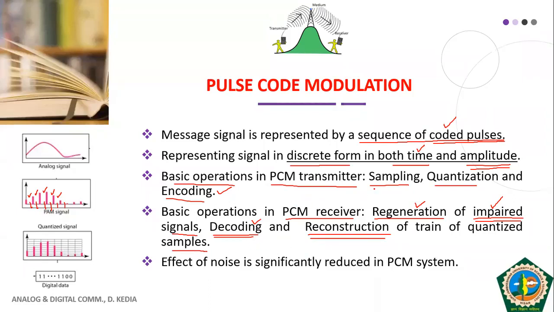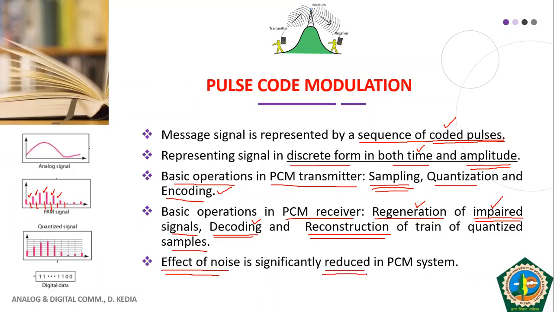As I told you, in the transmitter we have an important operation, sampling, in case of PCM. So we need to reconstruct our sampled signal back to the original signal. These are the main features of pulse code modulation, which will be further clarified in just a few minutes. And why are we studying pulse code modulation? Because in PCM, the effect of noise is significantly reduced.